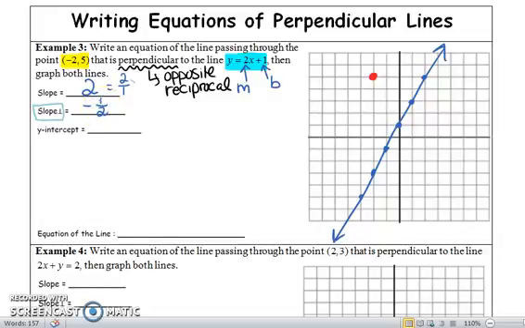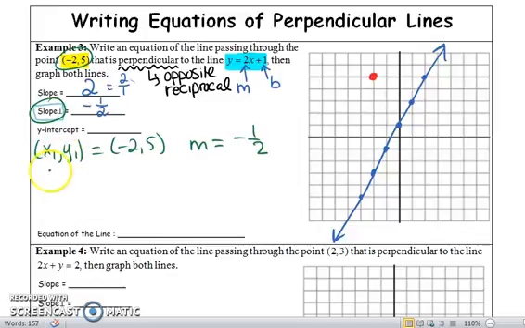So writing this in an equation, since we know the point and now we know the slope, we can say the x1, y1 is -2, 5, and the slope is going to be -1/2.